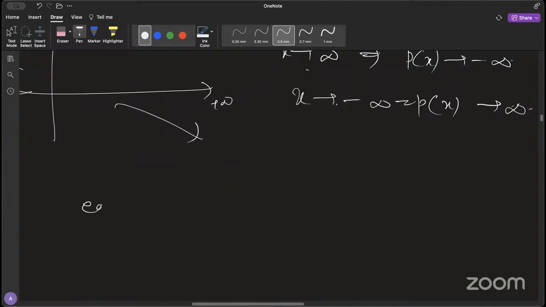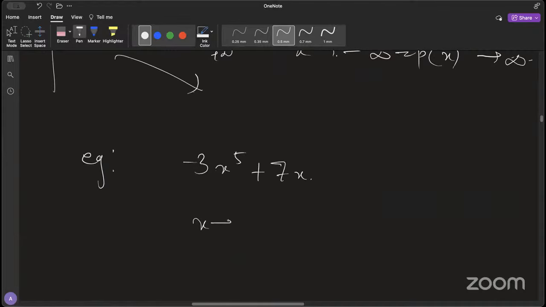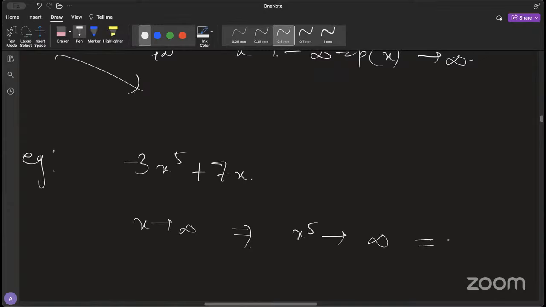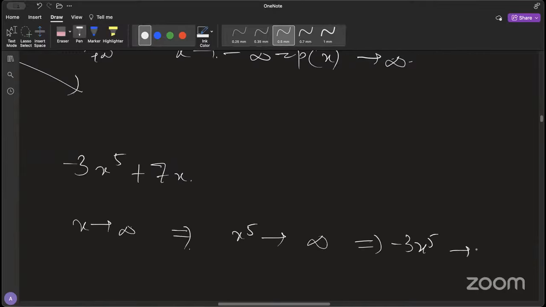Let's do one example based on this. Let's say you have minus 3x to the power 5 plus 7x. Now, if your x goes to infinity, where should your x to the power 5 go? Infinity. And if this is going to infinity, that means your minus 3x to the power 5 should go to minus infinity.